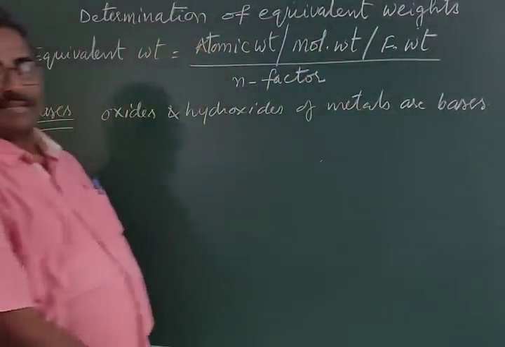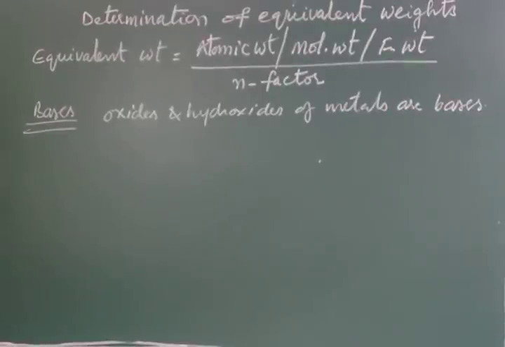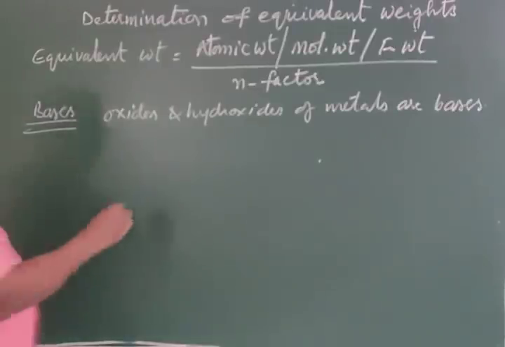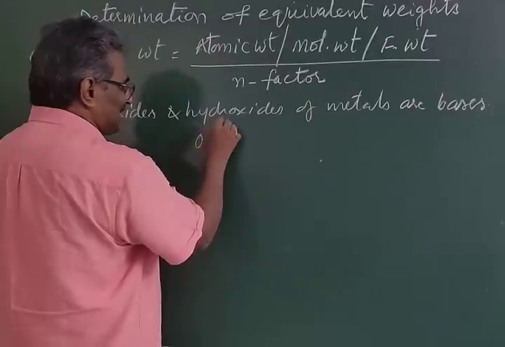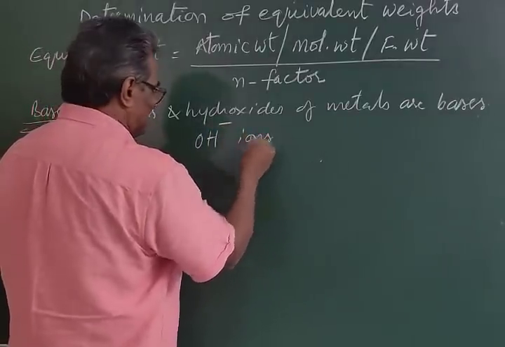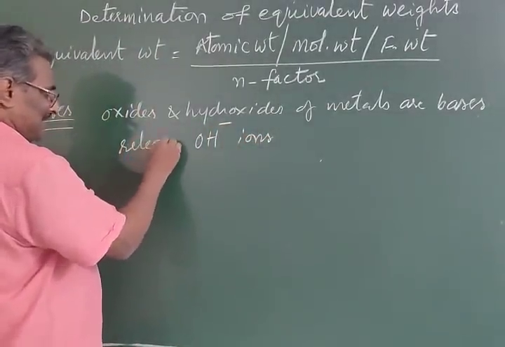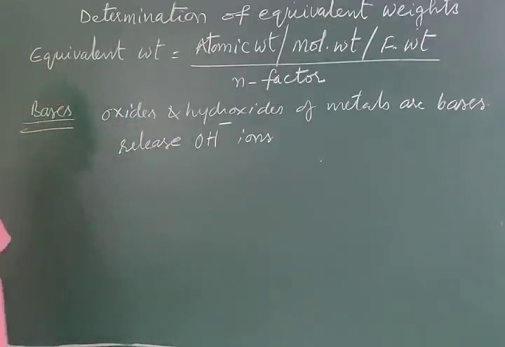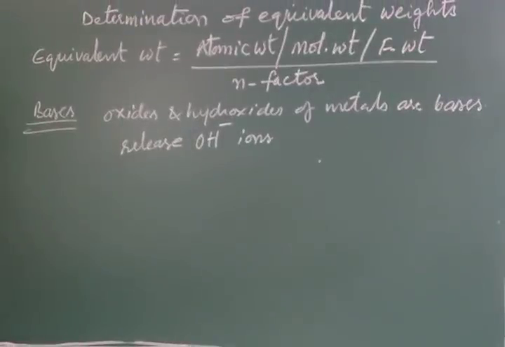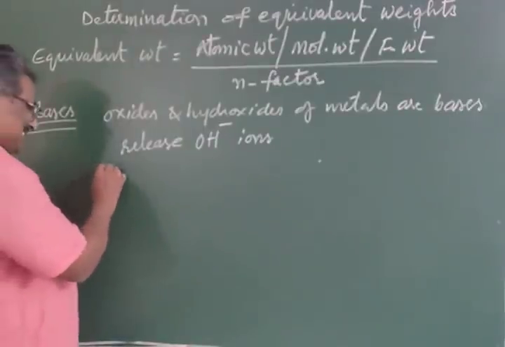You might have learned that bases turn moist red litmus to blue. That is the characteristic property of bases. The bases release OH minus ions when dissolved in water. The number of OH minus ions released by one molecule of a base is said to be its acidity. What is the acidity?